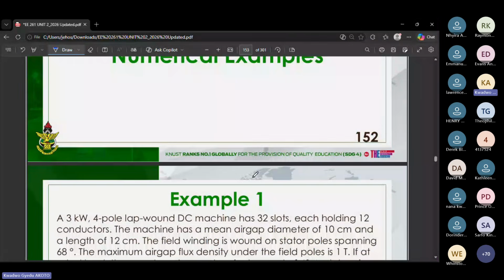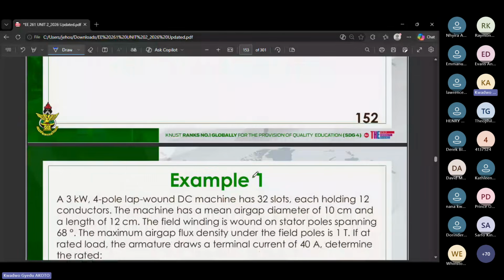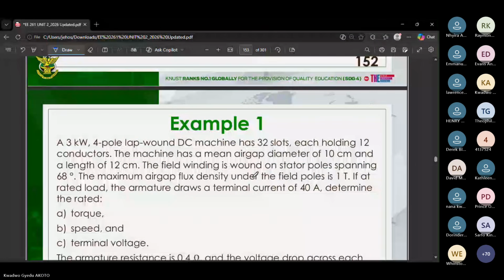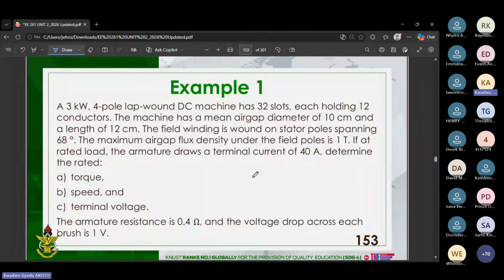So, example one: a 3 kilowatt 4-pole lap wound DC machine has 32 slots with 12 conductors per slot.